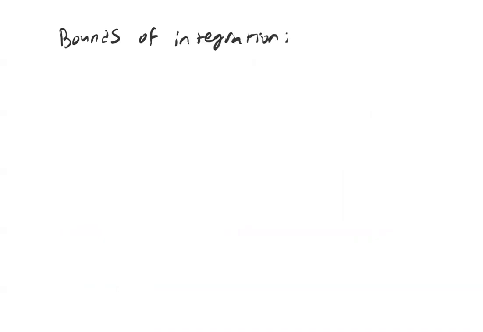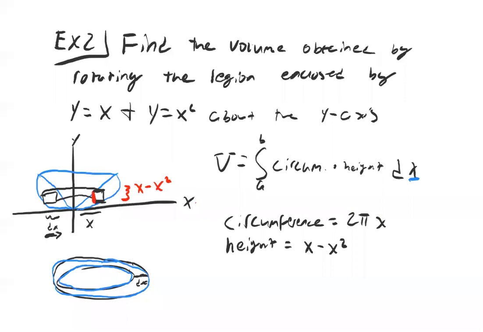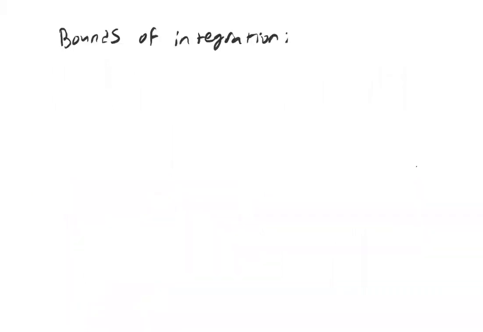In order to figure out our bounds of integration, the first thing we should notice is that I start at x equals 0, and I'm going to go down to this point here. Because I want to figure out the x value there, I need to figure out where these two graphs meet, where they intersect. To do that, I'm going to set the two functions equal to each other.